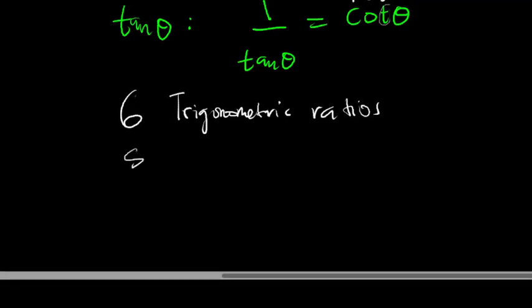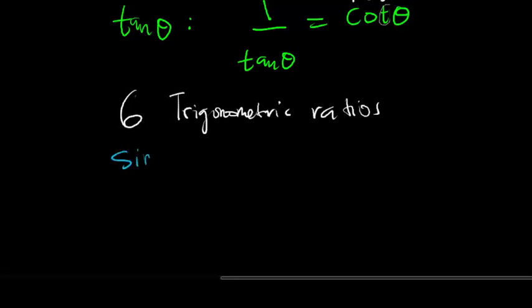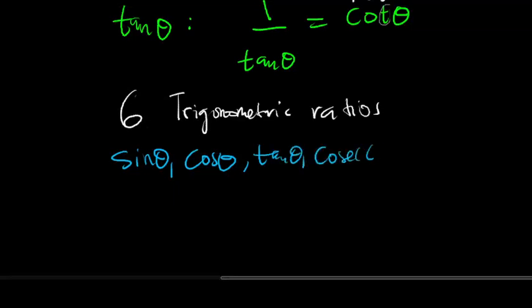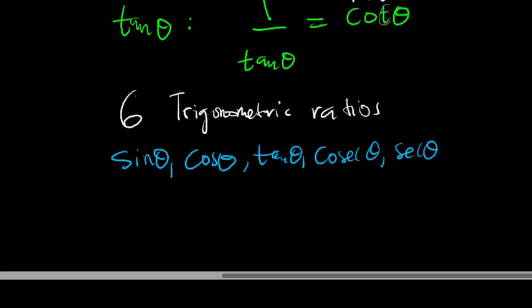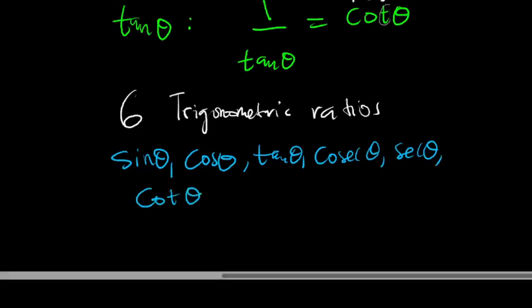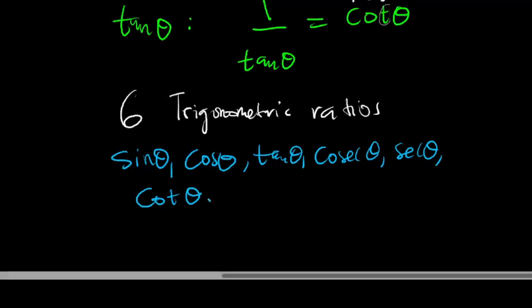So we have sine theta, we have cos theta, we have tan theta, we have cosec theta from sine, we have sec theta from cos, and we also have cot theta from tan theta. So these are the 6 trigonometric ratios.